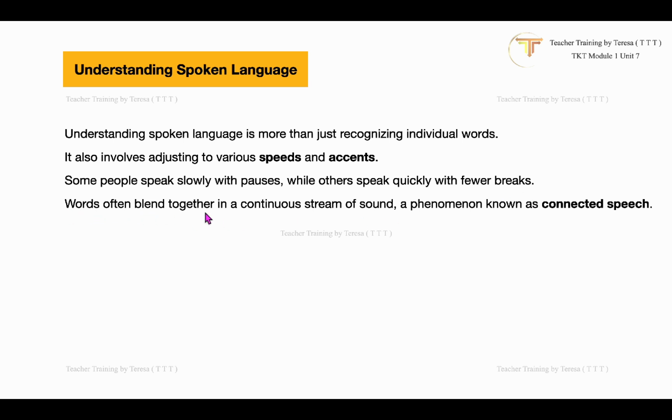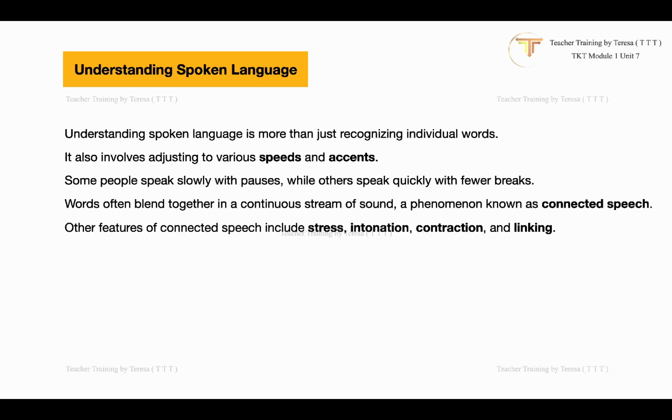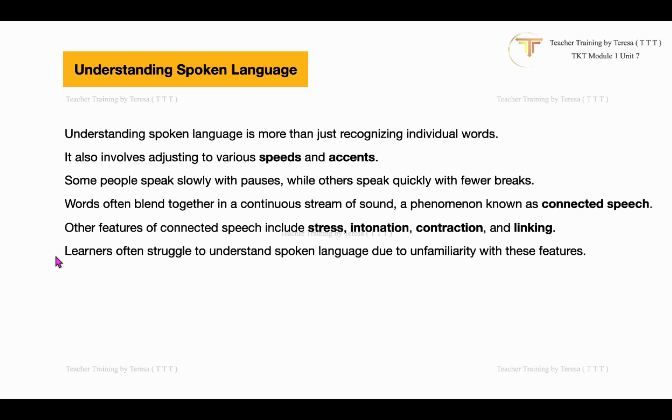Words often blend together in a continuous stream of sound, a phenomenon known as connected speech. Other features of connected speech include stress, intonation, contraction, and linking. Learners often struggle to understand spoken language due to unfamiliarity with these features.